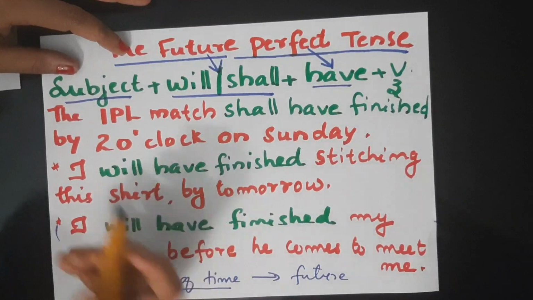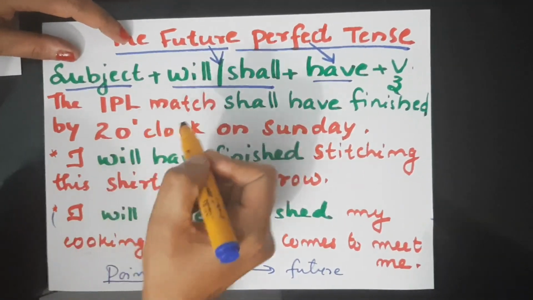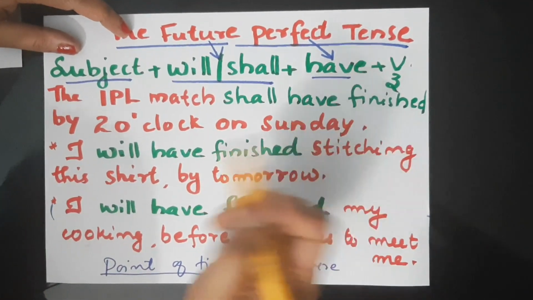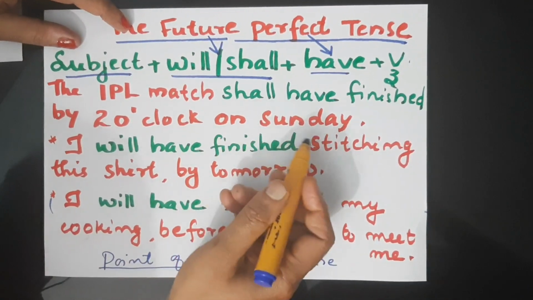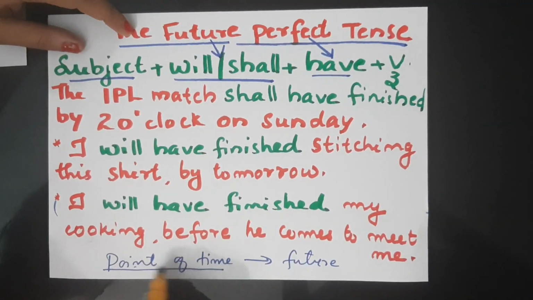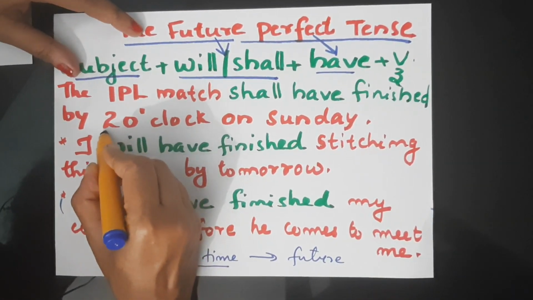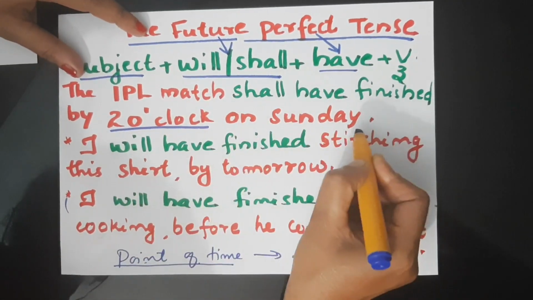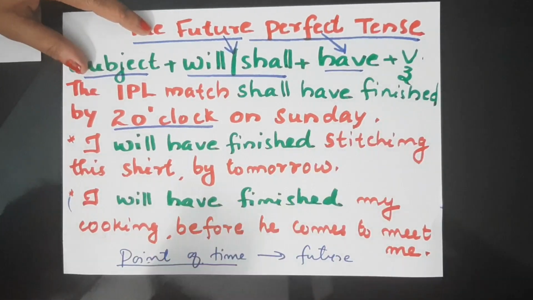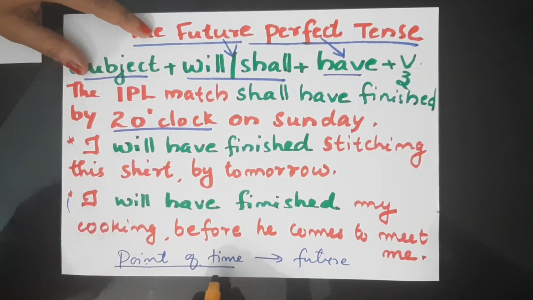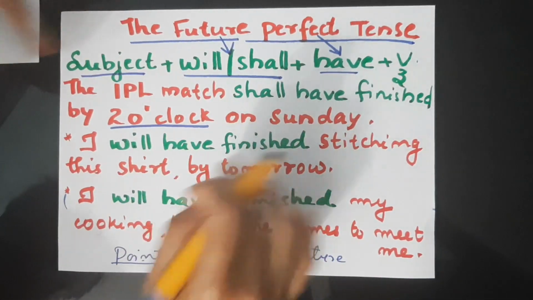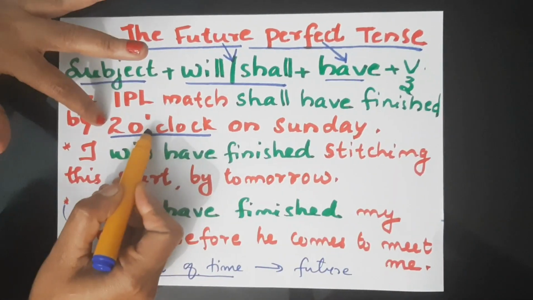For example, the IPL match shall have finished by 2 o'clock on Sunday. Here, the point of time is 2 o'clock on Sunday. See, this action will get completed at this point of time.